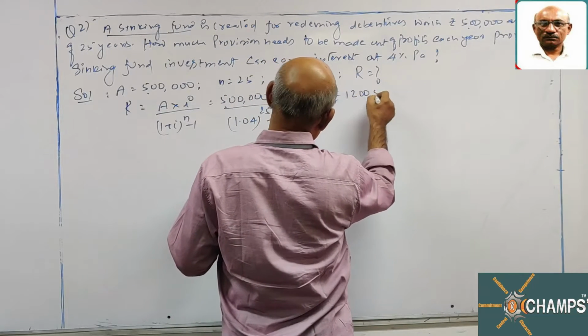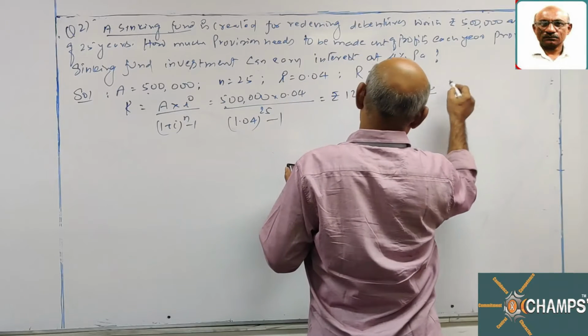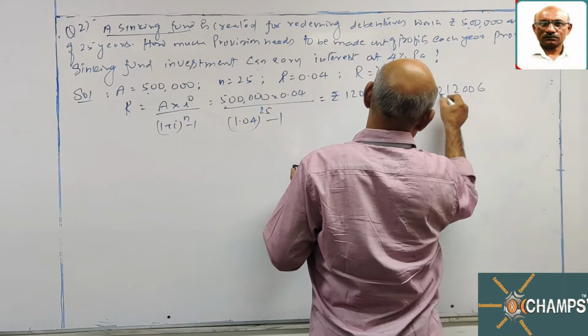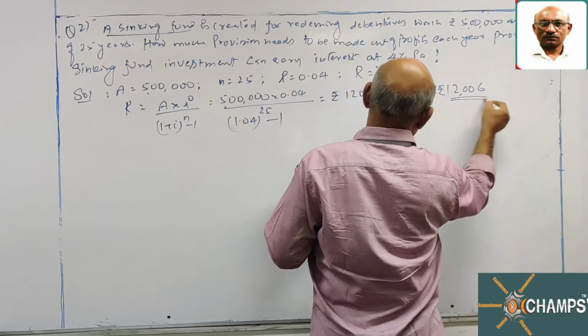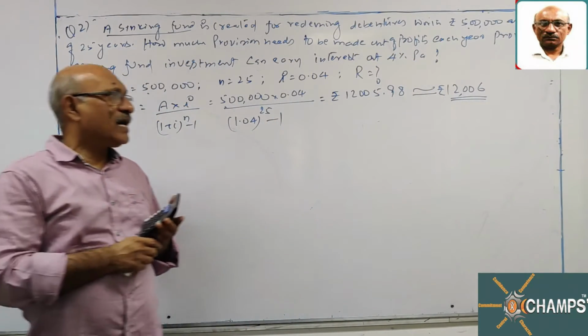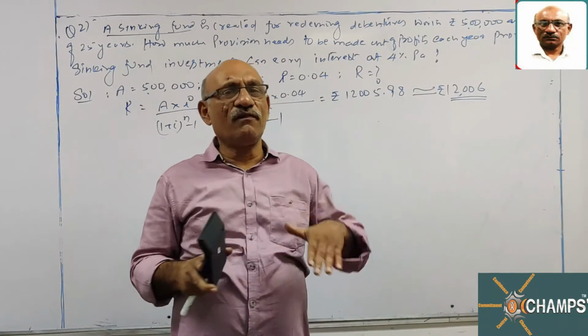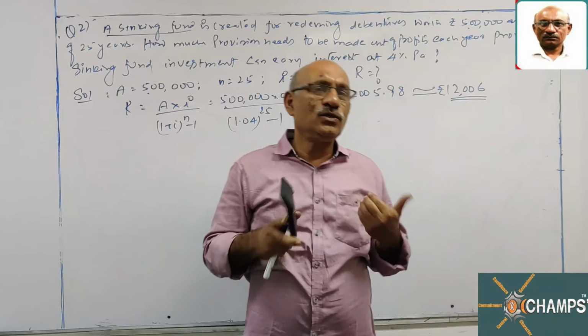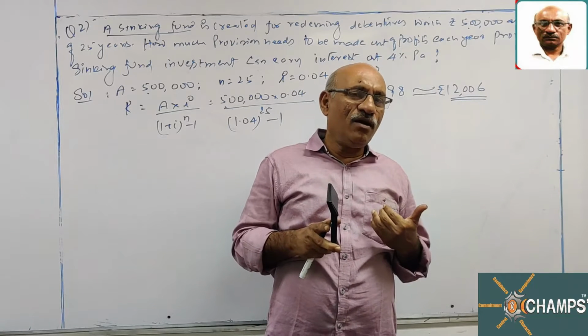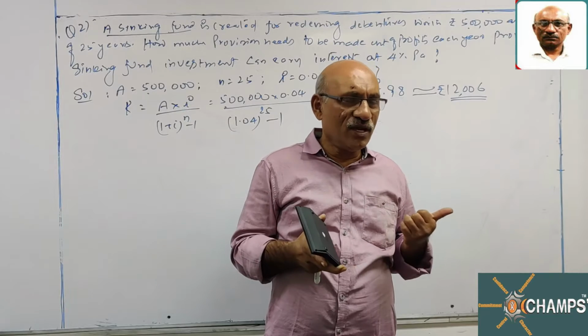Rupees 12,005.98. This is approximated to 12,006. So every year the company has to transfer 12,006 rupees from the profits to sinking fund account so that it can accumulate 5 lakhs at the end of 25th year. Okay, that is the concept it is.